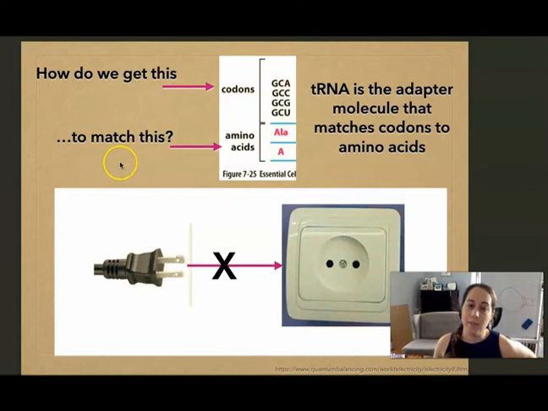So the comparison I make is if you've ever traveled abroad or if you're from another country and you came here to the US, you might have had trouble using electronics because here in the US we use this system with the 2-pronged flat plug, and physically it just doesn't interface with this system, which is the European system where you have the 2 round prongs.